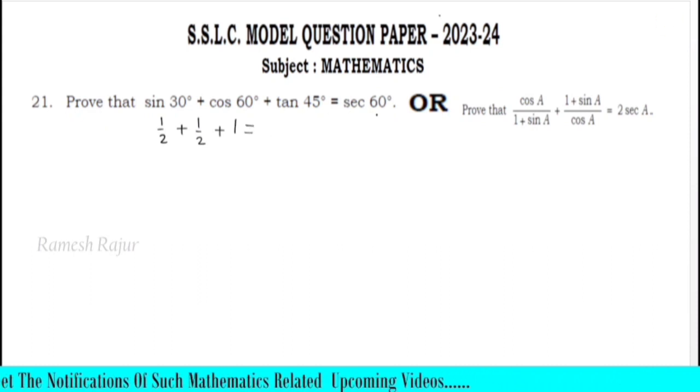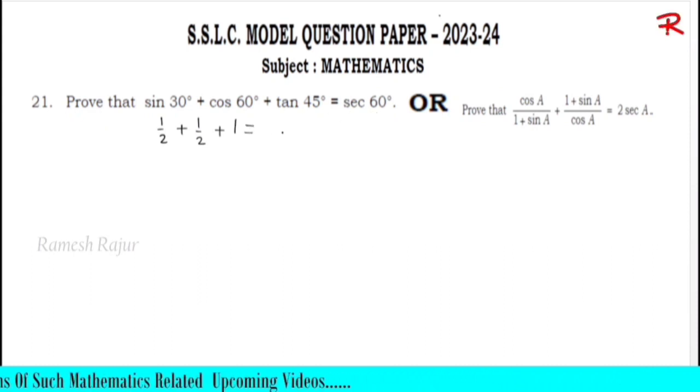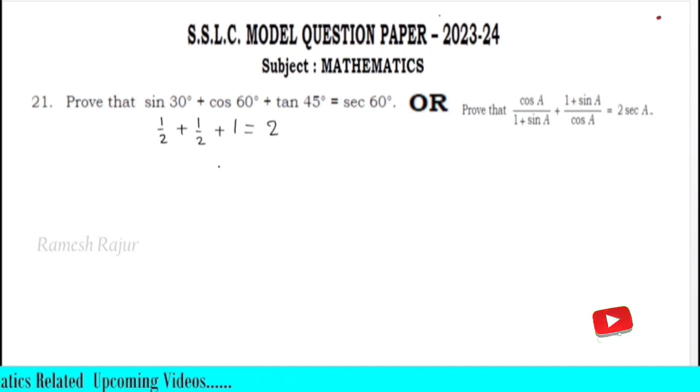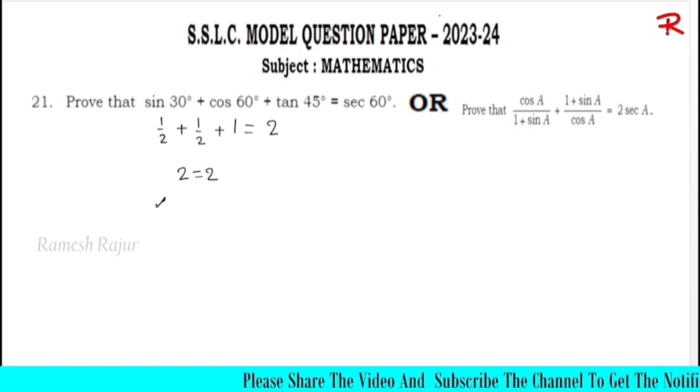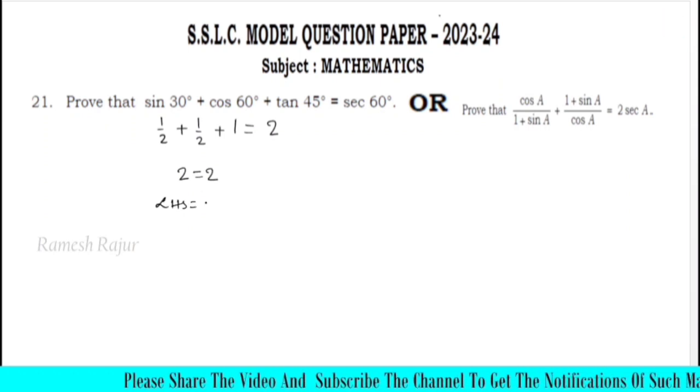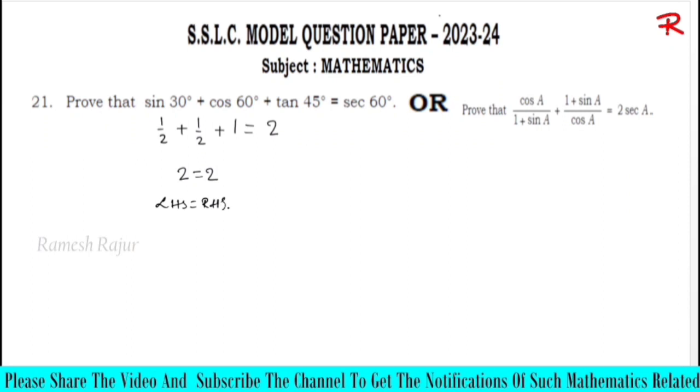On the right hand side we have secant 60, whose value is 2. The sum of the left hand side is 1 by 2 plus 1 by 2 plus 1, which is 2. On the right hand side we have 2. Therefore, LHS equals RHS.